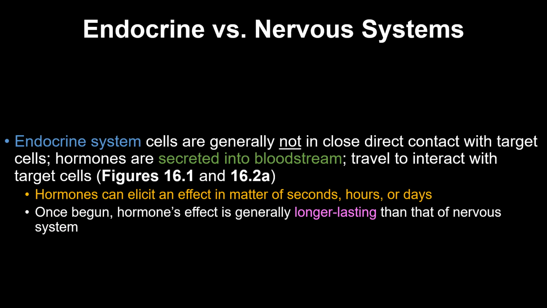Now, the endocrine cells do not come in close contact with their target cells. Instead, I'll show you in just a second, these cells release those hormones into the interstitial fluid surrounding them, after which they will enter the blood.